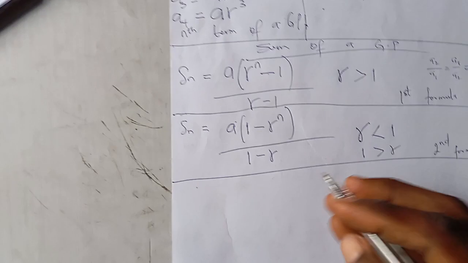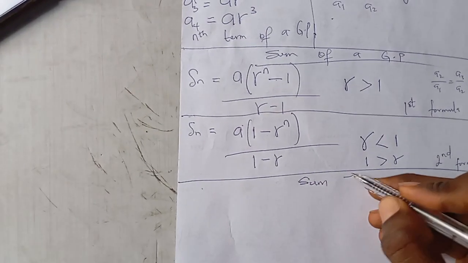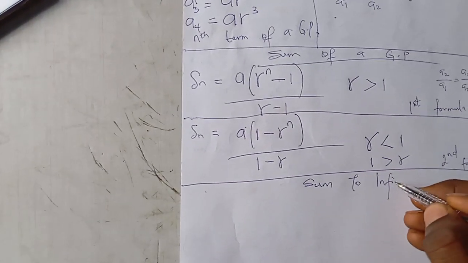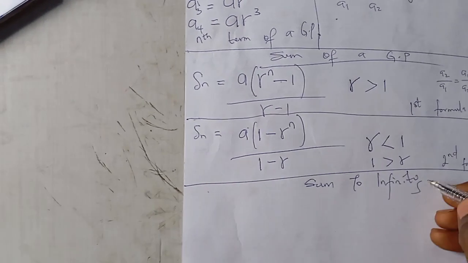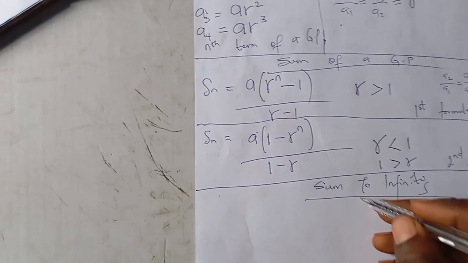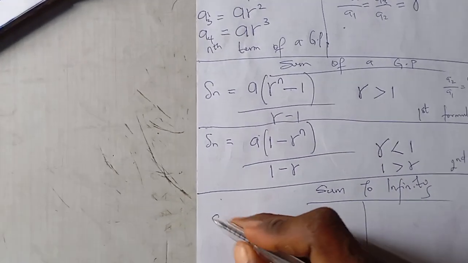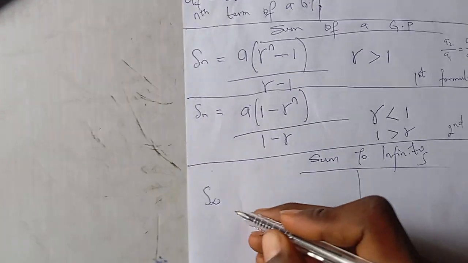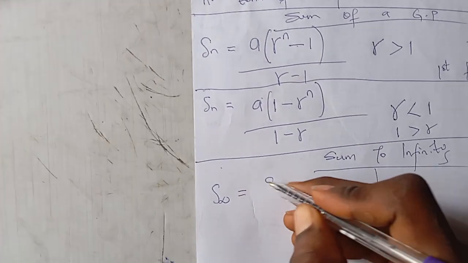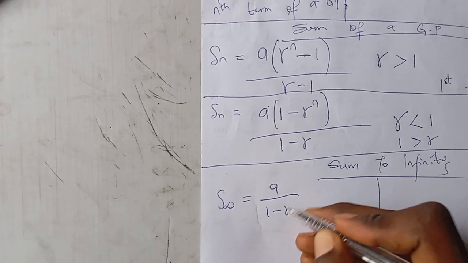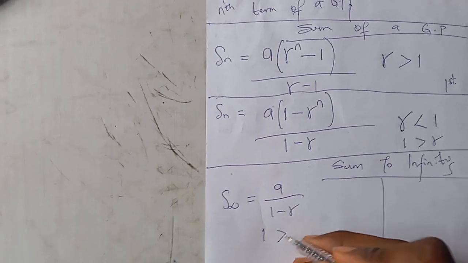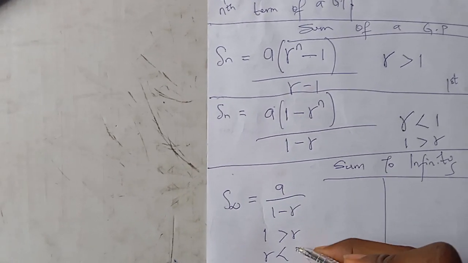Then there's what we call sum to infinity. Sum to infinity, and we make use of these two formulas. When they say the sum to infinity, you simply use sum to infinity equals A over 1 minus R, when 1 is greater than R, or R less than 1.